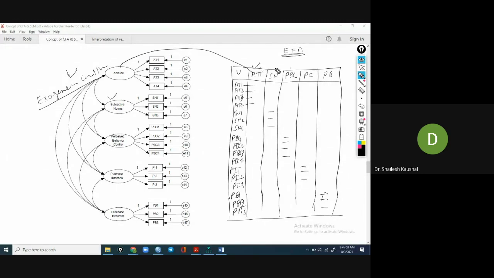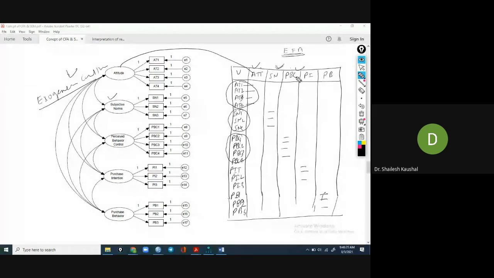We take the mean of all the questions and create 5 new variables: attitude, subjective norm, perceived behavioral control, purchase intention, and purchase behavior, in our SPSS sheet.